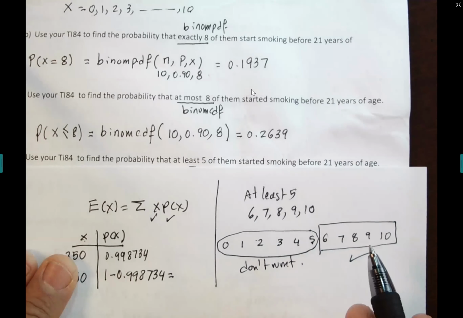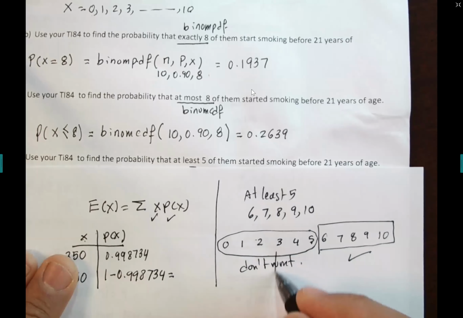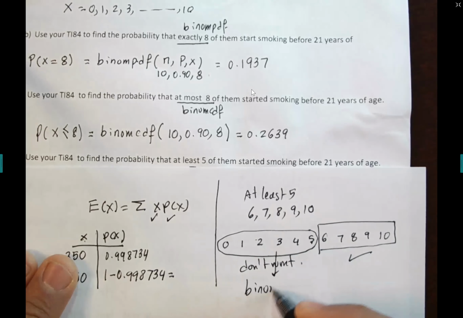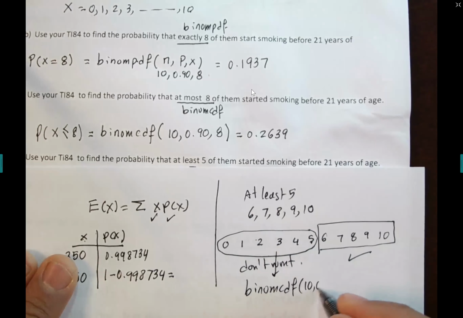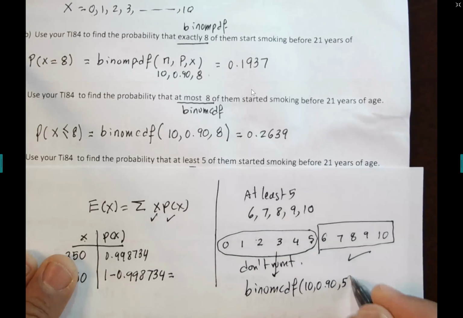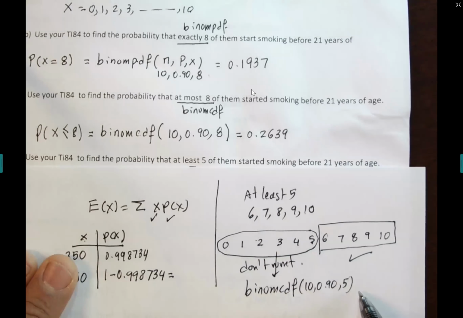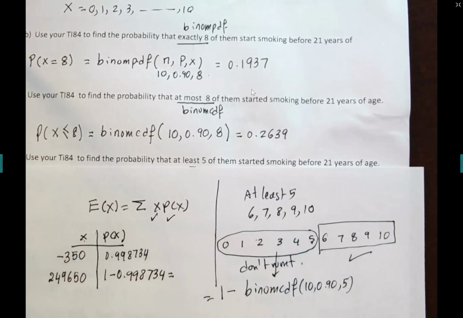So this is what you do. You run binomial CDF on 10, then 0.9, and then 5. And whatever answer you get, you subtract it from 1, because the rest is what we're looking for. So it will be 1 minus. So this is what you do in the case of at least, guys.